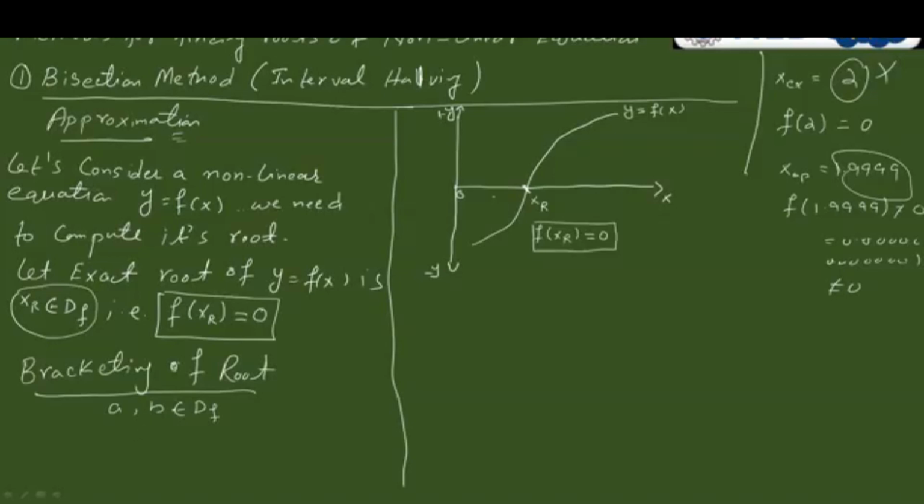So what I can do is compute f of A, and similarly compute f of B as well. I just put A into this function and B into this function.